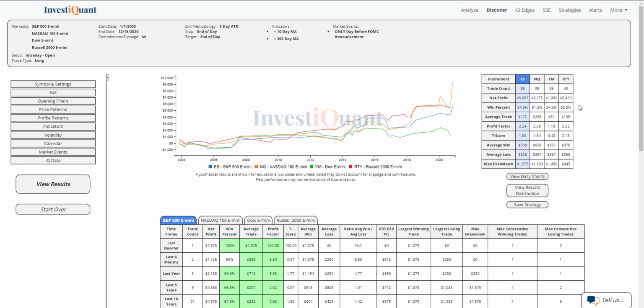If we look at the average win to average loss, you'll see the average win is larger than the average loss in the S&P. That is also true in the NASDAQ. It's the same size in the Dow, and in the Russell, the average win is larger than the average loss. So we're seeing larger average wins than average losses, and the win rates mildly favor.